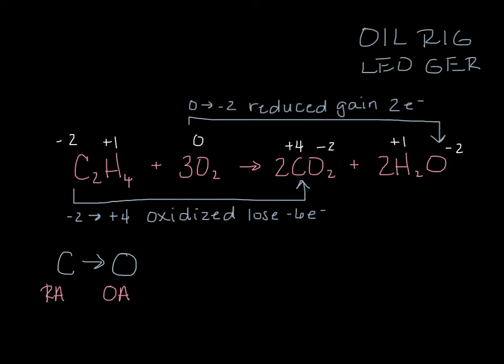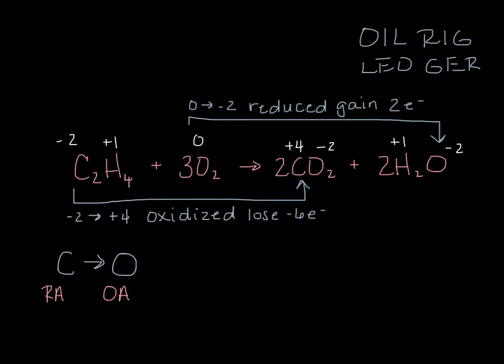So now to find the total number of electrons transferred, what we're going to do is look at the electrons lost and gained. And we can look at either one. We can either look at the electrons lost or the electrons gained. For this one, I'm going to start with looking at carbon and the electrons lost. So this loss of 6 electrons means that every carbon in this reaction is going to lose 6 electrons.